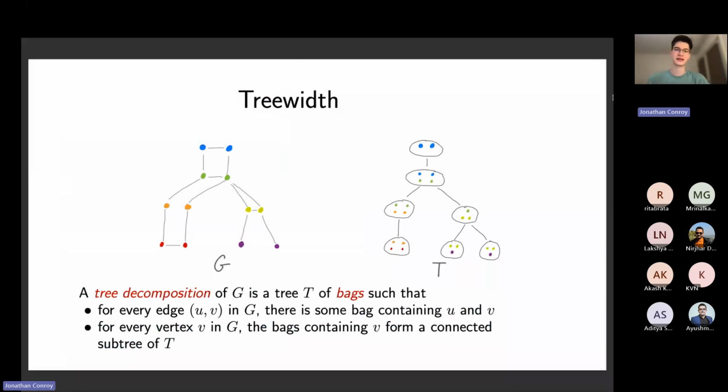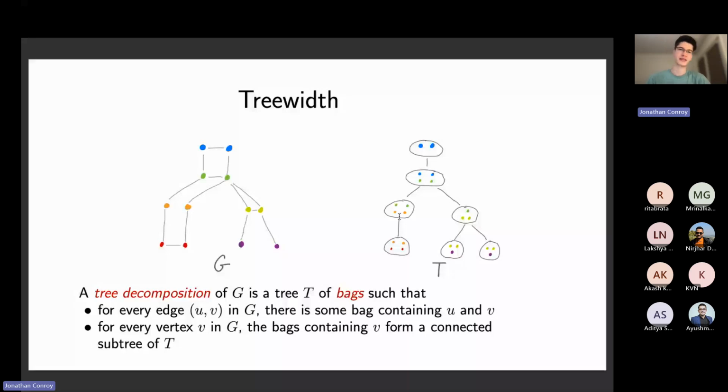Every bag is a subset of vertices of G. And we have the guarantee that for every edge U, V in G, there's some bag in the tree decomposition that contains both U and V. Let's say these green vertices both have an edge between them, and there's some bag. And then we also have this guarantee that for every vertex V in G, the bags containing V form a connected subtree in the tree decomposition.